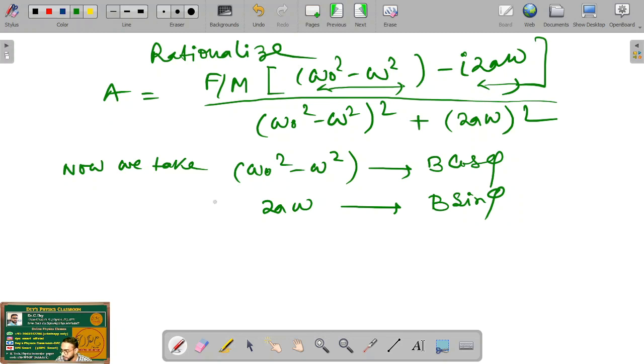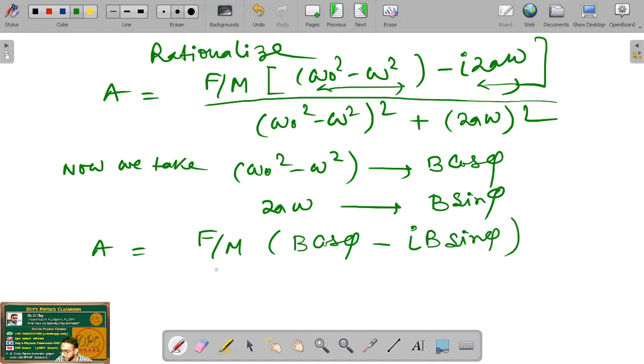So the expression for A would be, in the numerator, F by m into b cos φ minus i into b sin φ, and in the denominator it would simply be b².